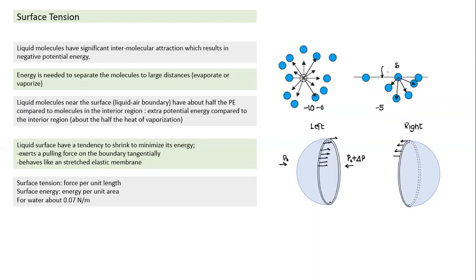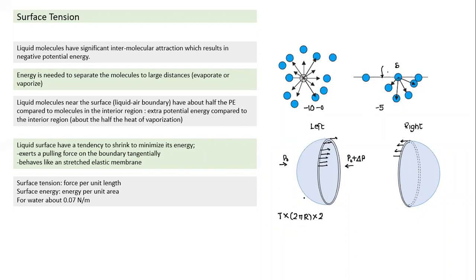We equate the forces in the x direction. Surface tension, call it T, is force per unit length. The force acting on the outer ring, if the radius is r, will be T into 2 pi r, all in the horizontal direction. The same applies to the force on the inner surface. This is the force towards the right, positive. What other force is acting? P naught acts on the outer surface.